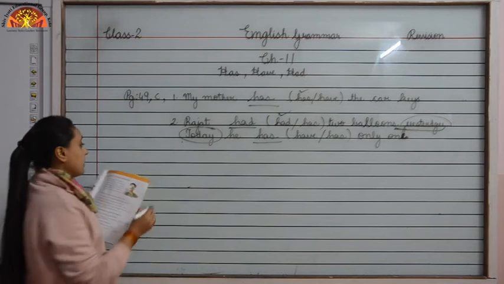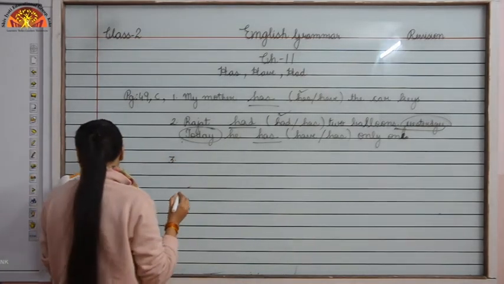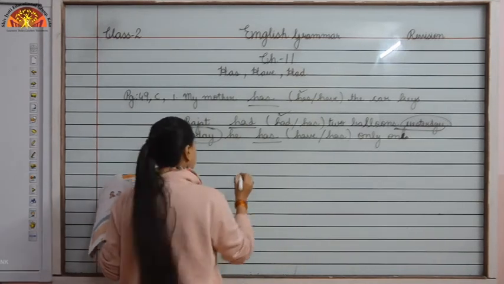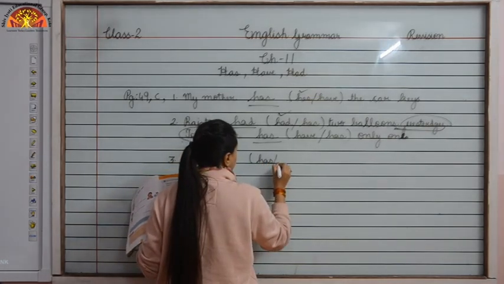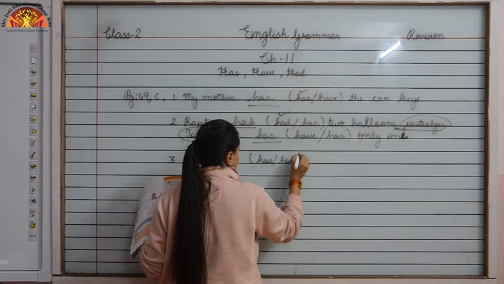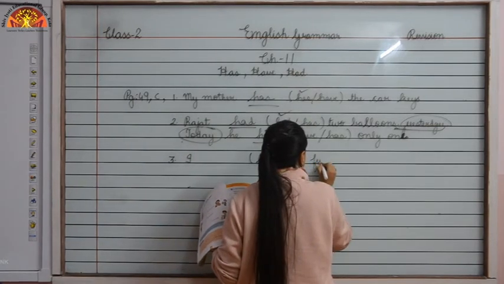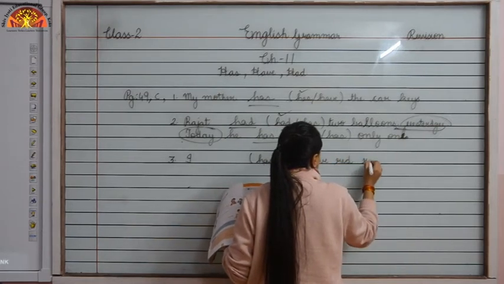Now children, look at number 3. I dash, in bracket has and have is given to you. 5 red roses.